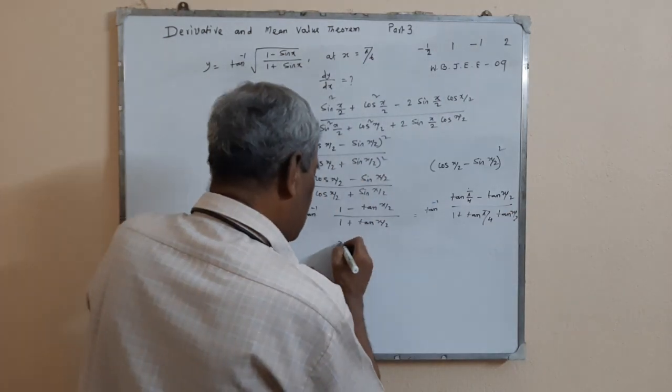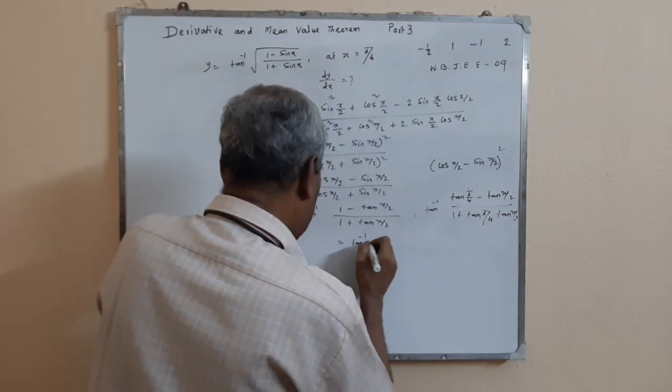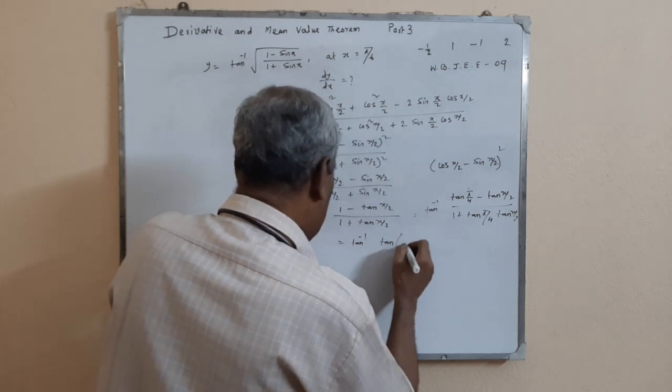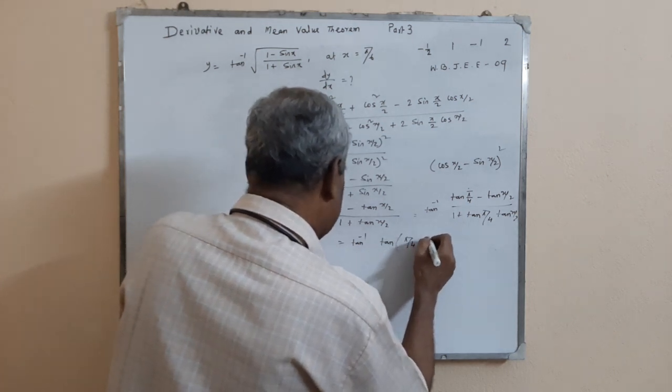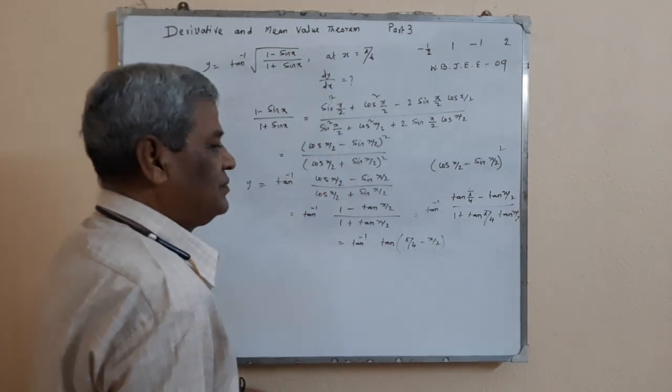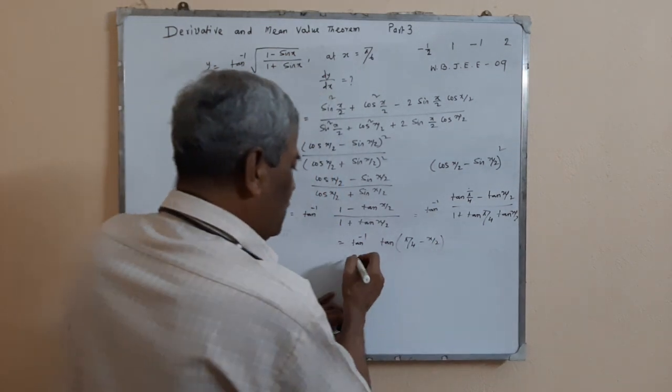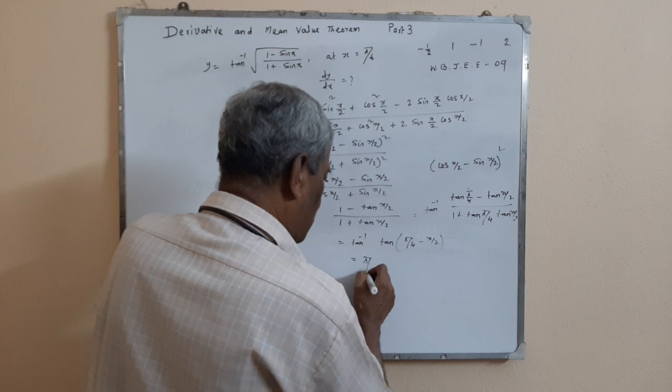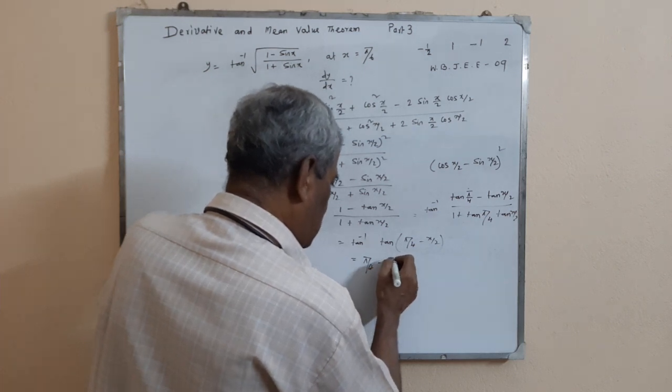That is, it is equal to tan inverse tan of pi by 4 minus x by 2. So that it is equal to pi by 4 minus x by 2.